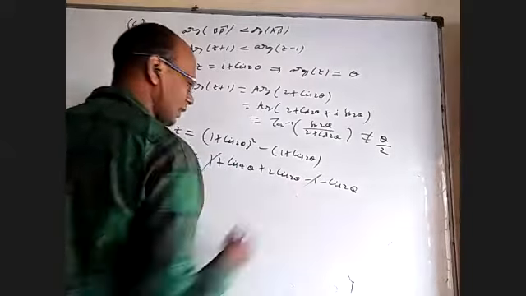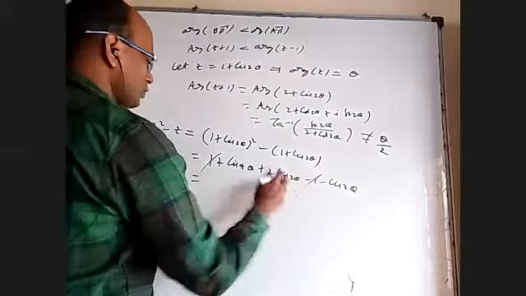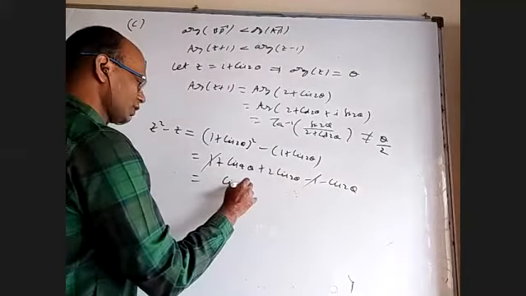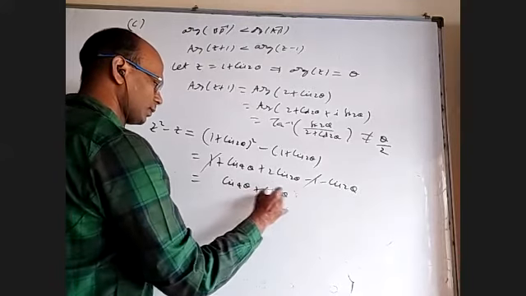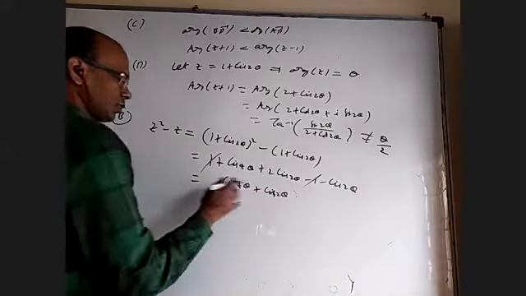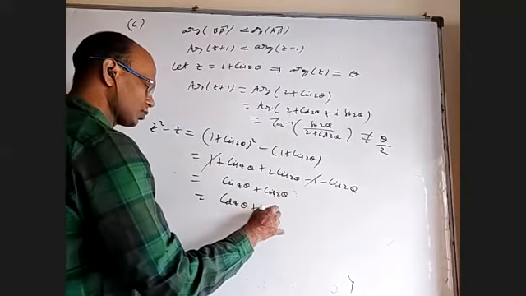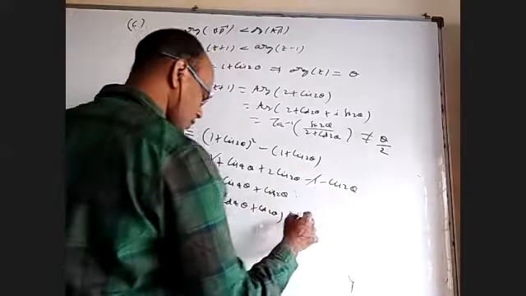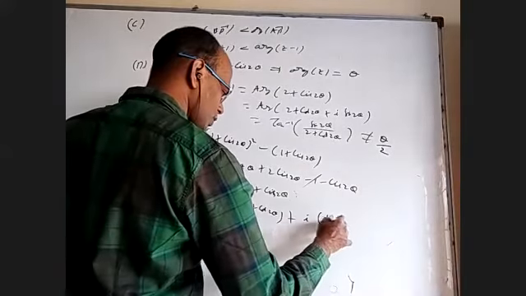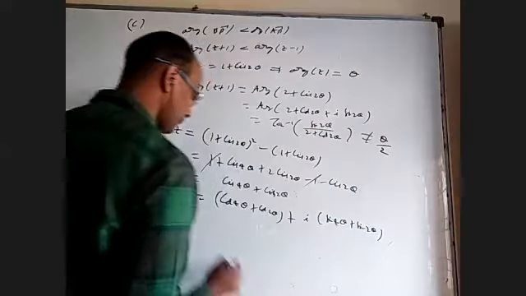1 and minus 1 will cancel. 1 cis 2 theta also will cancel. I will get cis 4 theta plus cis 2 theta. I have to apply transformations actually. I have to write this separately. If I open it, I'll get cos 4 theta plus cos 2 theta plus i into sin 4 theta plus sin 2 theta.